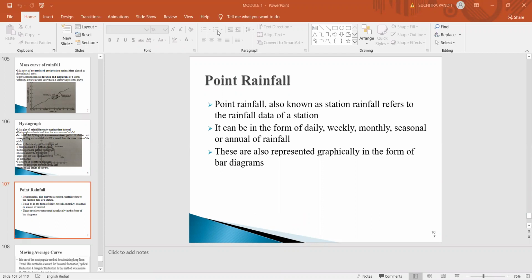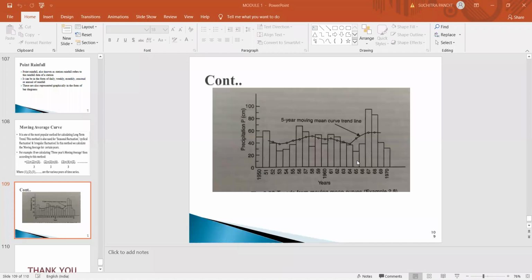In the same fashion, we can consider all the rainfall recorded at a particular place as point rainfall. Point rainfall, also known as the station rainfall, refers to the rainfall data of a particular storm. It can be in the form of daily, weekly, monthly, seasonal, or annual amounts of rainfall. These are also represented graphically in the form of bar diagrams.